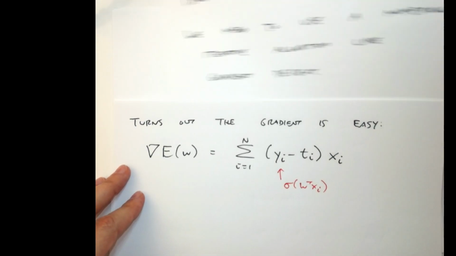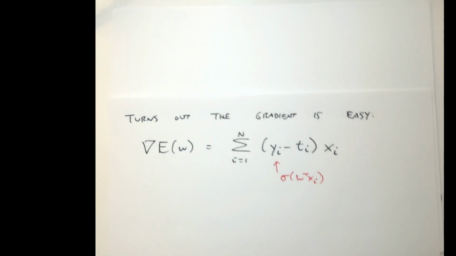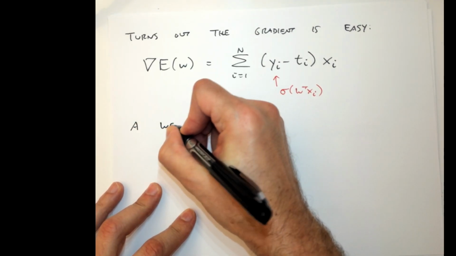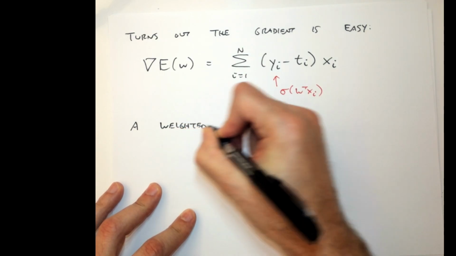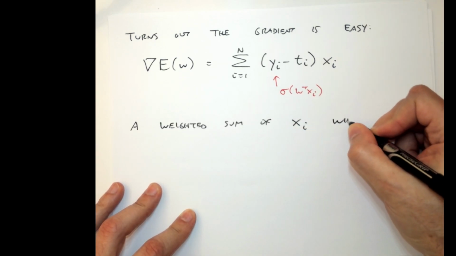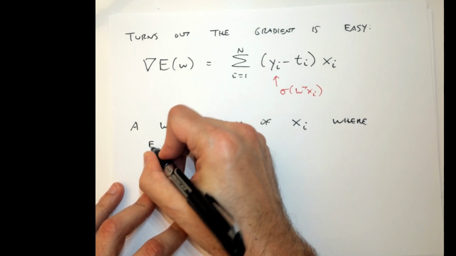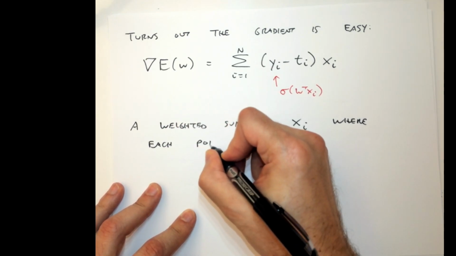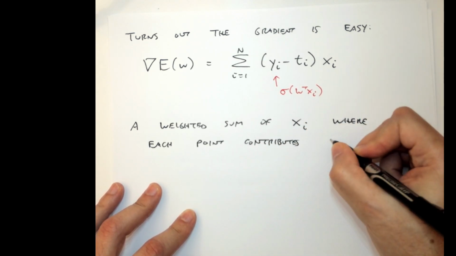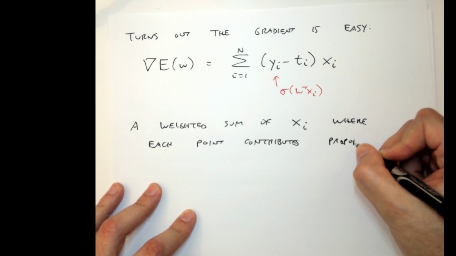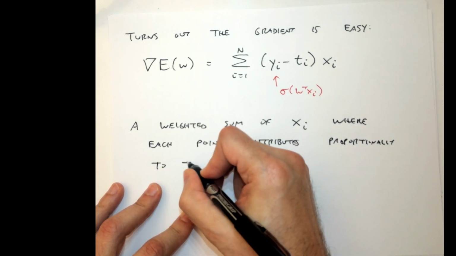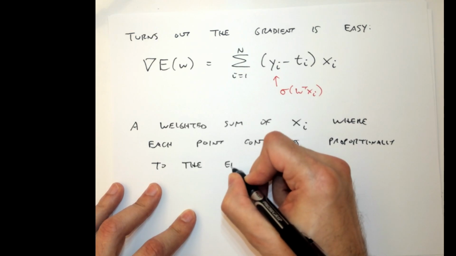So the interpretation here is a weighted sum of the x values where each point contributes proportionally to the error in prediction.